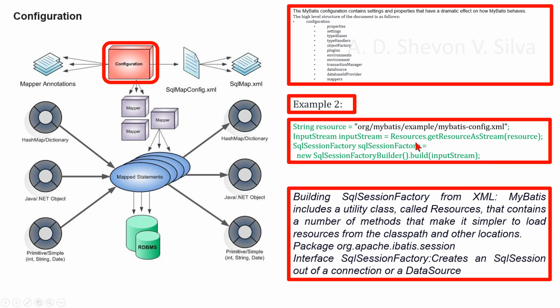MyBatis includes a utility class called resources that contains a number of methods that make it simpler to load resources from a class path and other locations.